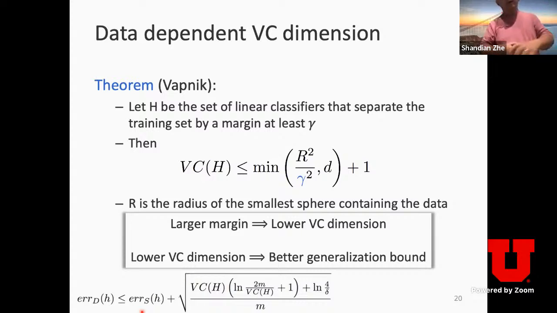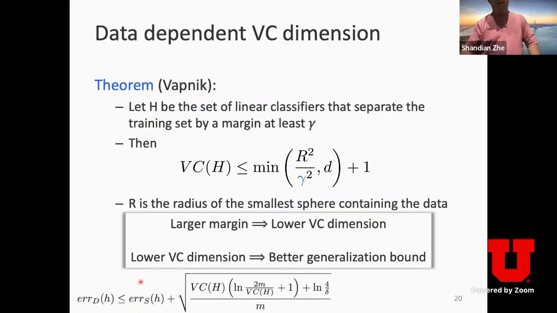The benefit is that if you pick a subset of linear classifiers out of the entire family, you still have the chance to reduce the VC dimension. That's the key idea. Then the question is reduced to how we pick those subsets of linear classifiers.